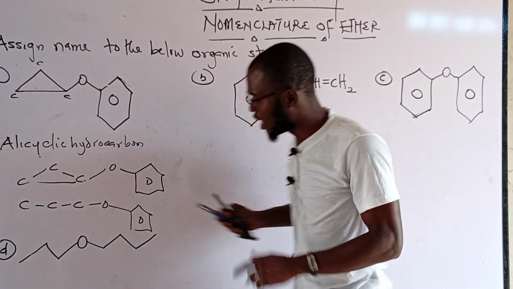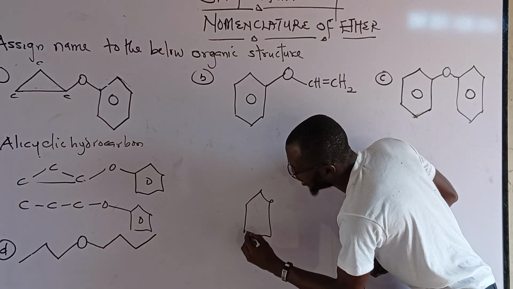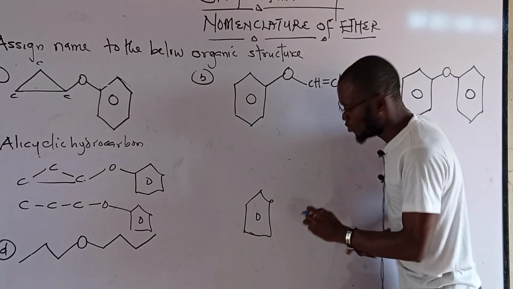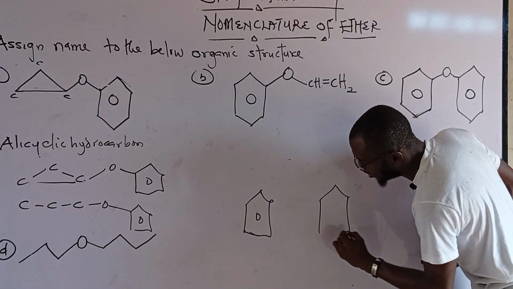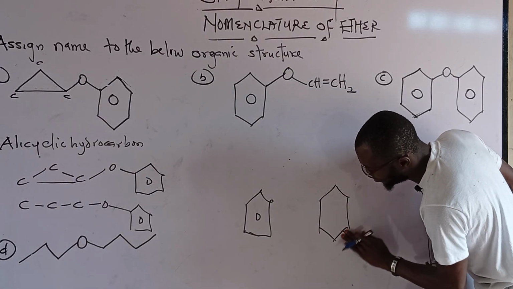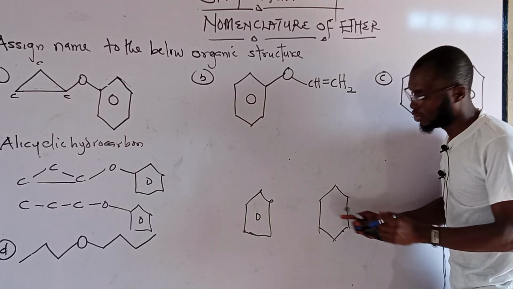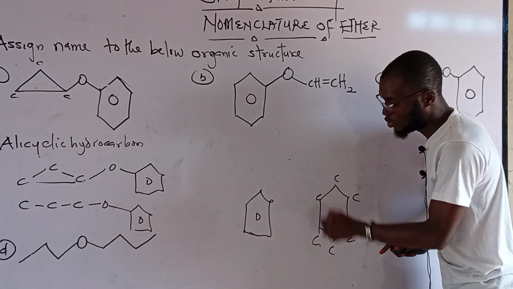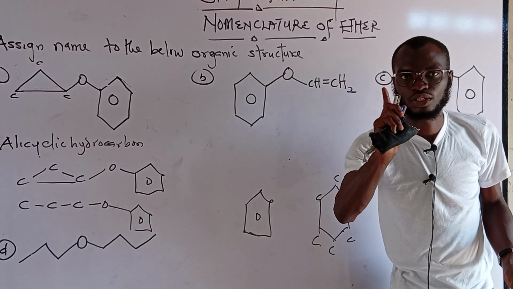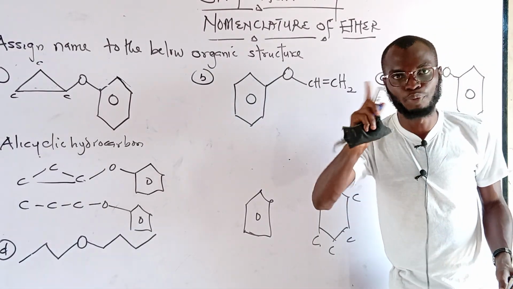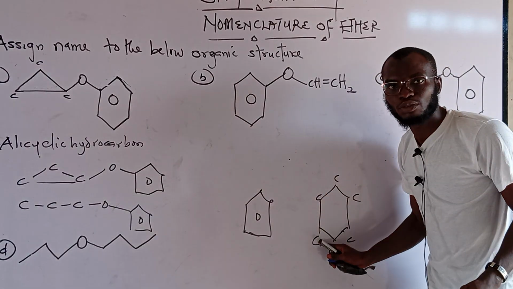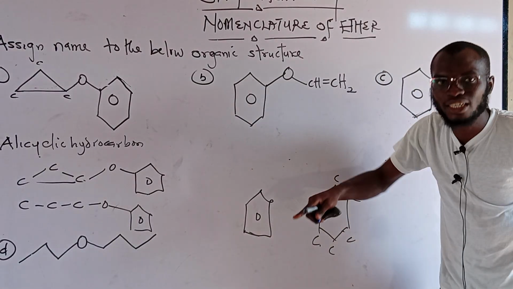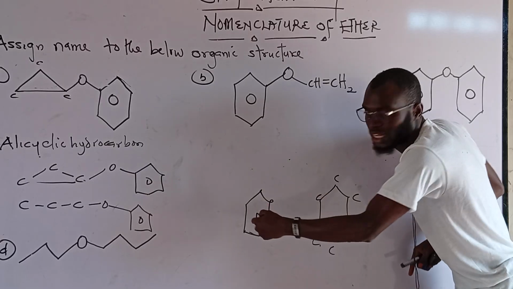If it is a cyclic structure, this is the cyclic structure. This is a cyclic structure. This is benzene, cyclic structure. But if you have something like this, this particular something, carbon here, carbon here, carbon here, carbon here, carbon here, carbon here. Carbon to this carbon, what is bonding them? One single bond is bonding this to this. How together? We call this different from this one. We call it cyclic. Also, it resembles this shape.